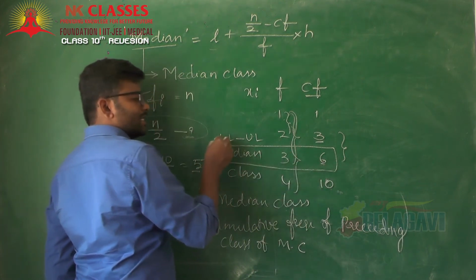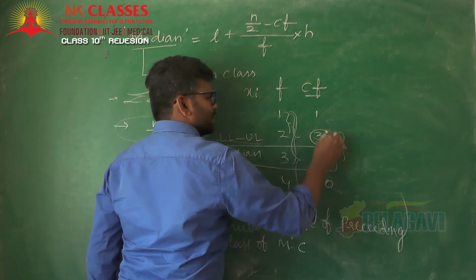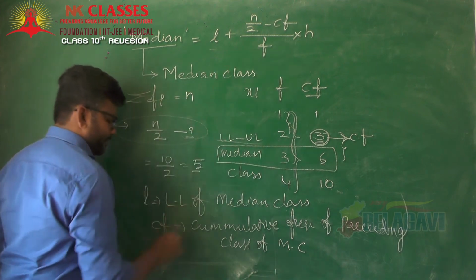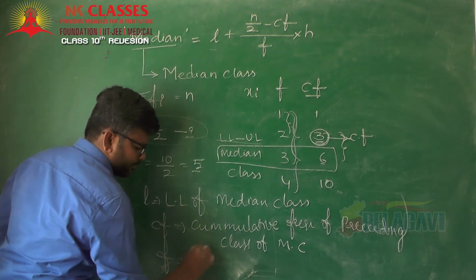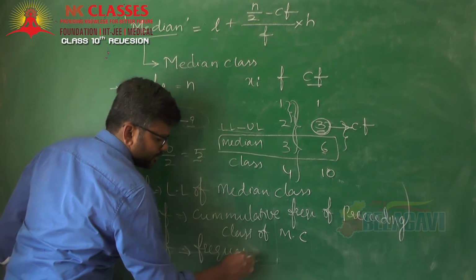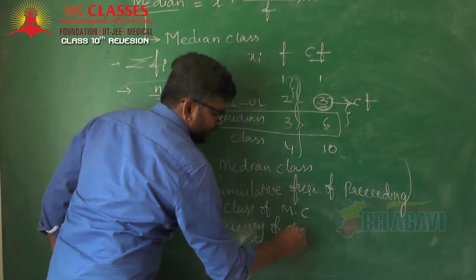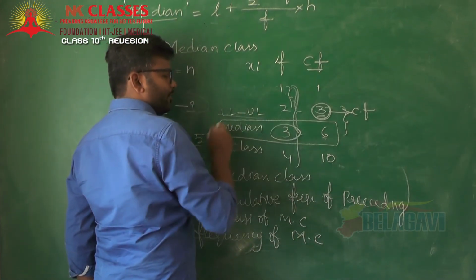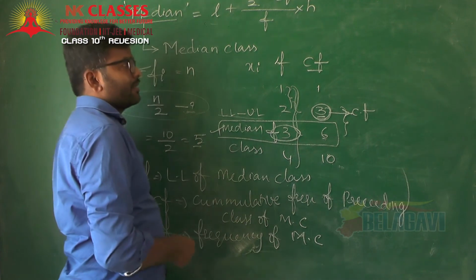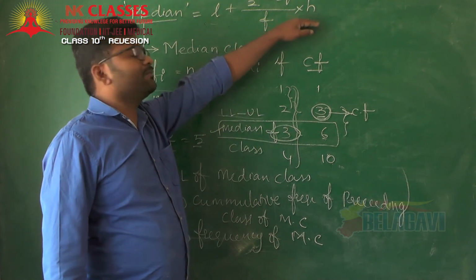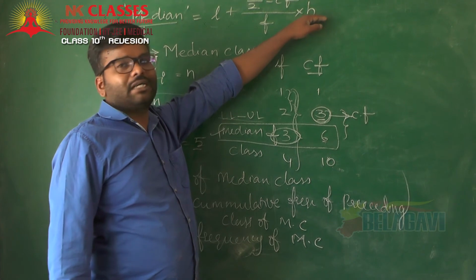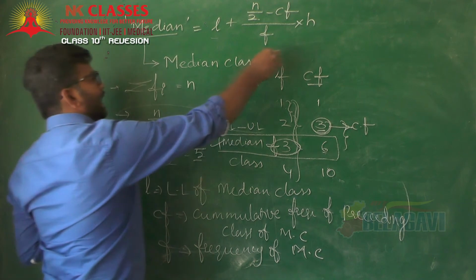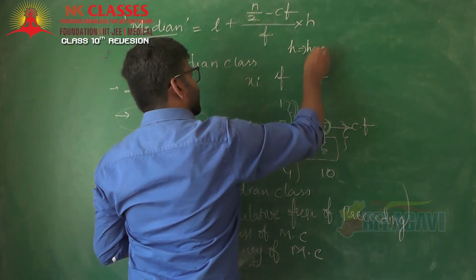This is the CF value. And F is the frequency of the median class. That means here this 3 is the frequency of the median class. So this is F. And H is the same as in the case of mode: H is the height of the median class.